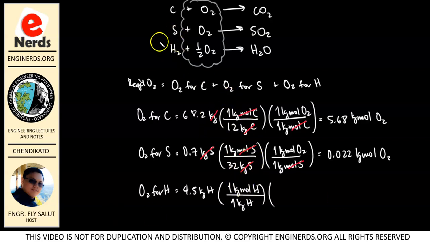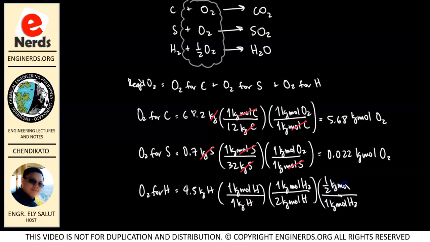So, that means, since H2 ang gamit natin dito, that means we have for 2 kilogram mole of H, we have 1 kilogram mole of H2, di ba? So, that means, dito sa ating reaction, ang ratio ng H2 to O2 is that 1 kilogram mole of H2 is 1/2 kilogram mole of O2.